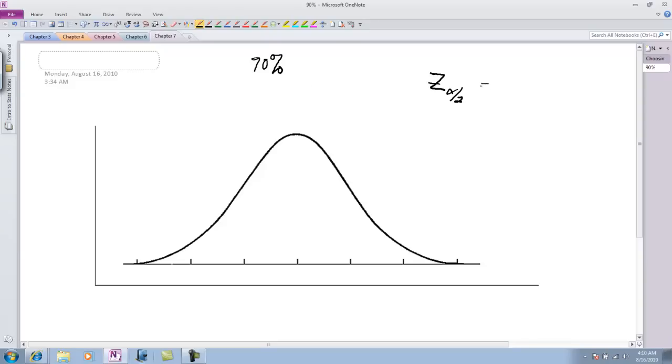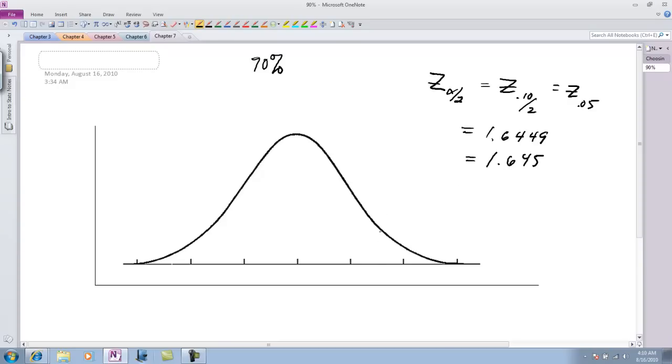So it's going to be z of 0.1 over 2, which is z of 0.05. And if you type that in, you get 1.6449 or something like that. And we'll just call that 1.645. So that is my z-score.